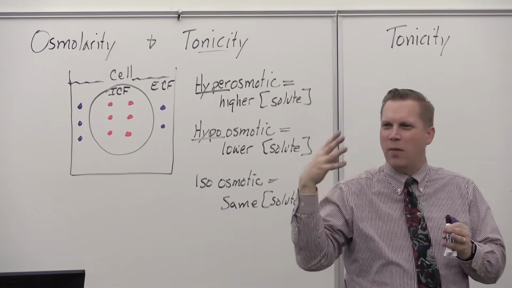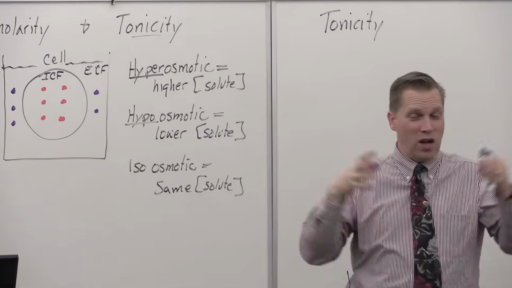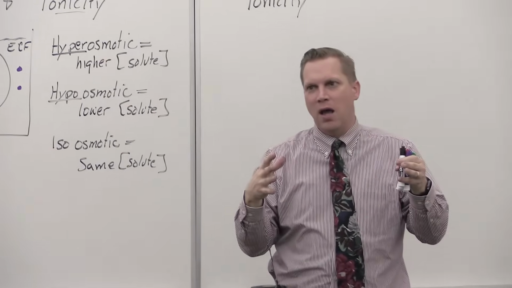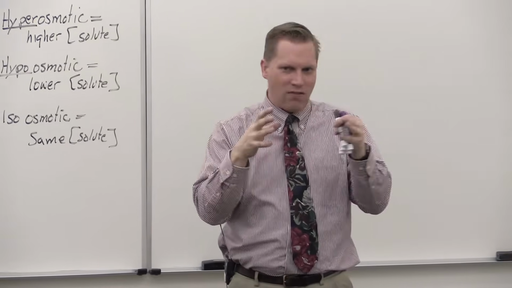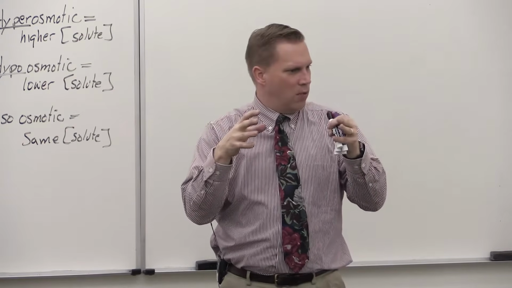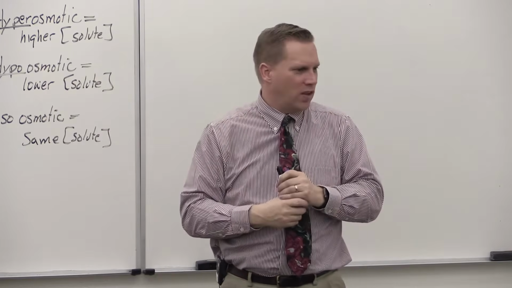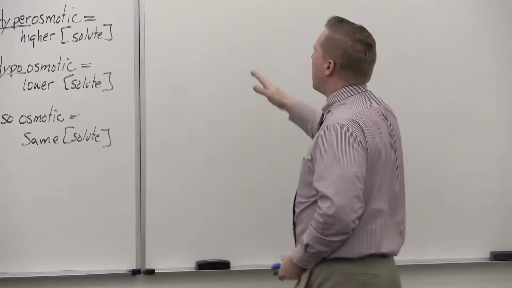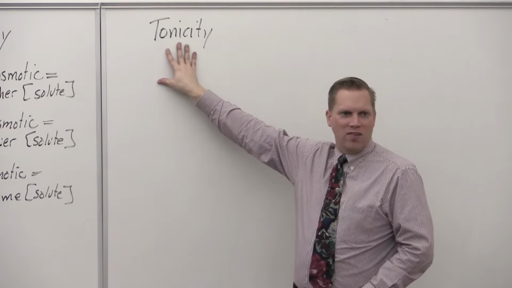Or if you want to imagine like a balloon in terms of firmness, and you can really swell that thing up, or maybe a rubber ball. You can really have it swollen with air, and so it's really firm, or it could be kind of deflated and get a little bit squishy, right? And so when we talk about tonicity, that's what we're talking about, the firmness of the cell.